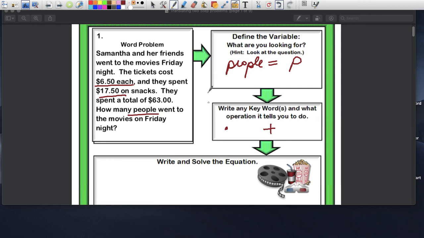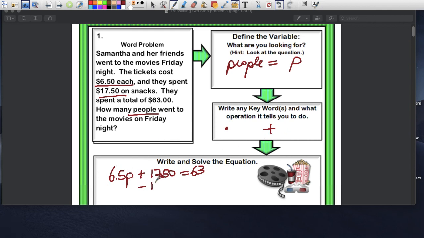So I'll write my equation down here. $6.50 per person, I'm going to use P, and they spent $17.50 on food, and that all equals 63. So based on that, how many people went to the movies? We can do our little story if you like.